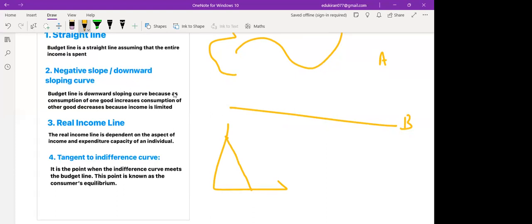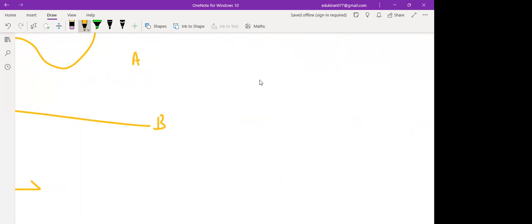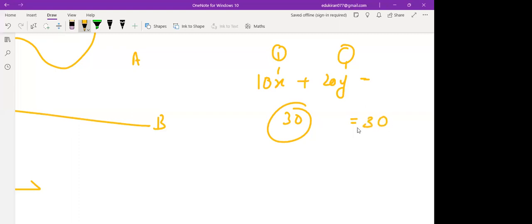Budget line is a downward sloping curve because if the consumption of one good increases, consumption of the other good decreases because income is limited. For example, you are purchasing 10 X good plus 20 Y good. Say 1 rupee for this and 1 rupee for this. So that means you are spending 30 rupees. You have 30 rupees only. So if you increase this one by 1, automatically you have to reduce this one, because you have only 30 rupees.